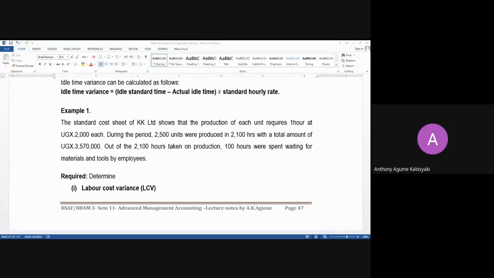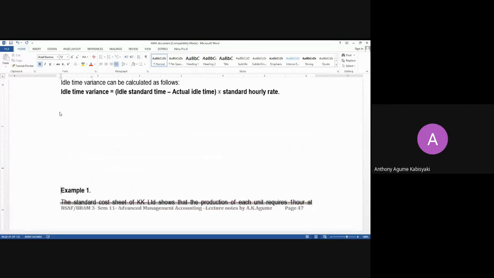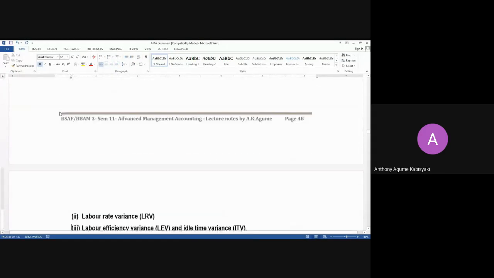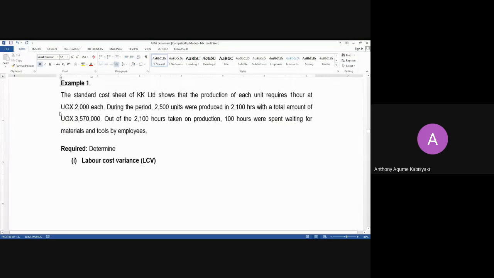Okay. So now looking at this example, for the labor cost variance, what did I say? For me to get the labor cost variance, I need to get the standard labor cost minus the actual labor cost. But how do I get the standard labor cost?